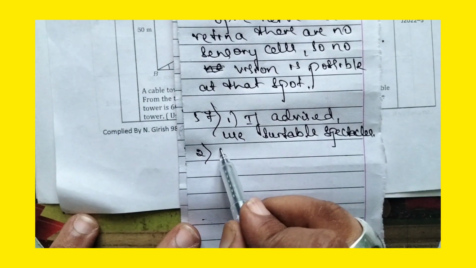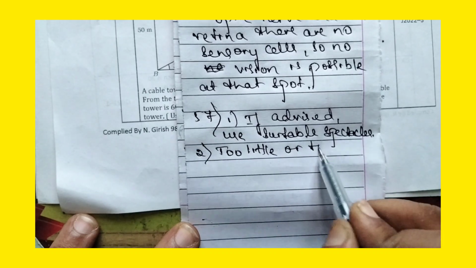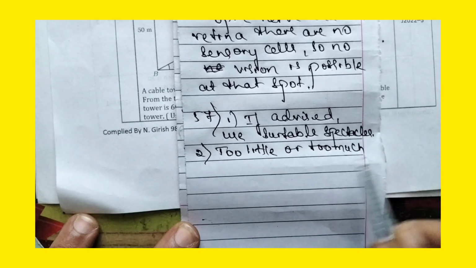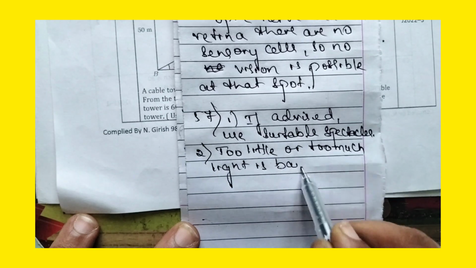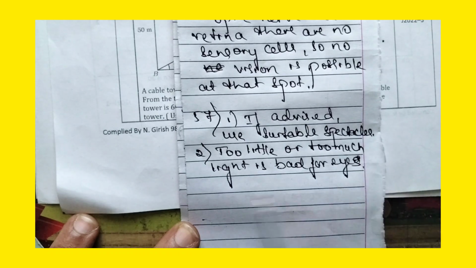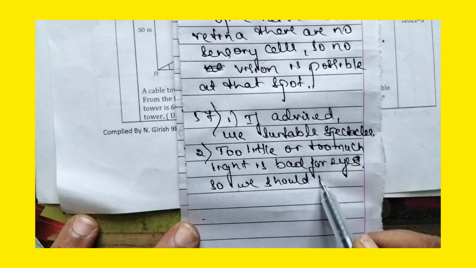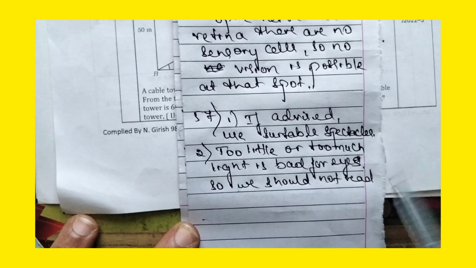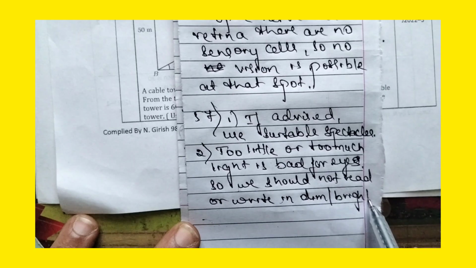Next, too little or too much light is bad for eyes. So we should not read or write in dim or bright light.